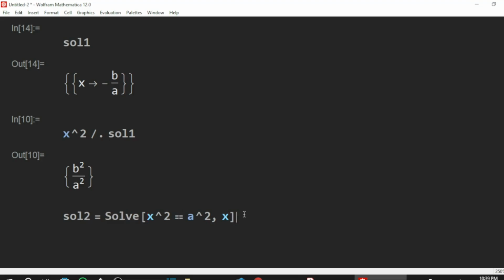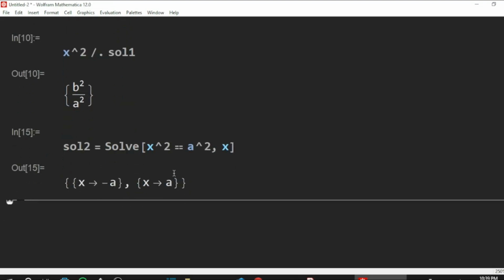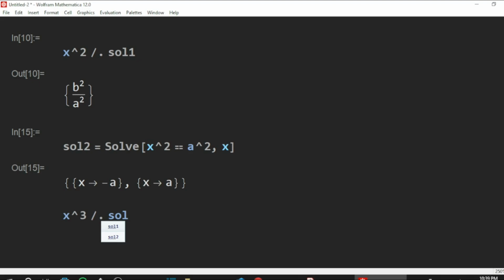The important thing is that we put the double equal sign, so that defines an equation. And now if I solve this, you see it gives two values for x. Now if I substitute these values, let's say in x cubed, I put the same thing, and now I write solve2.